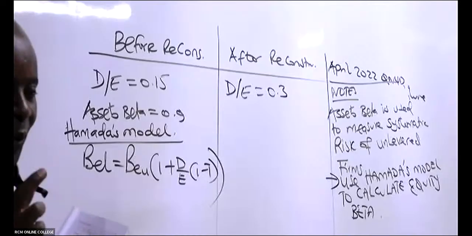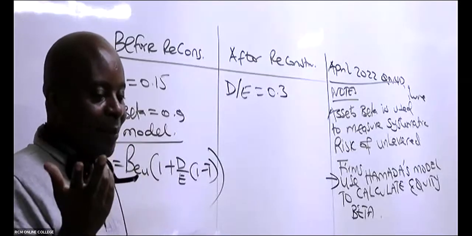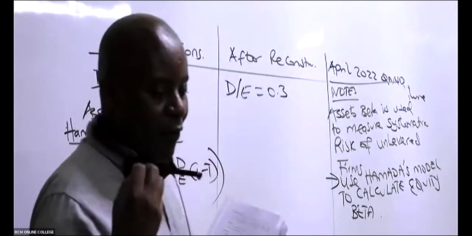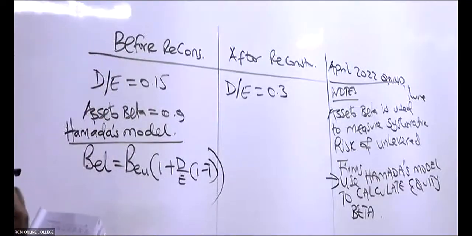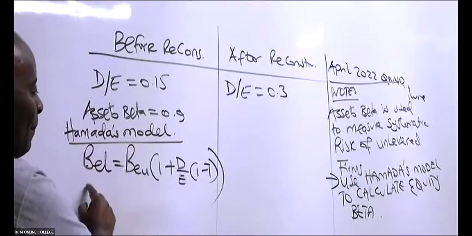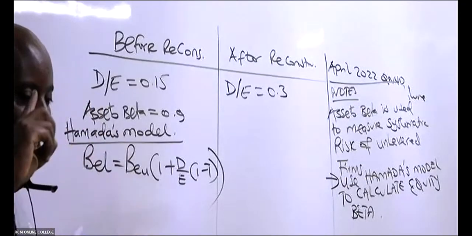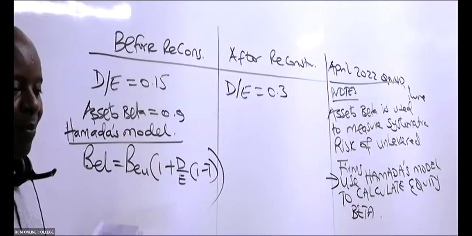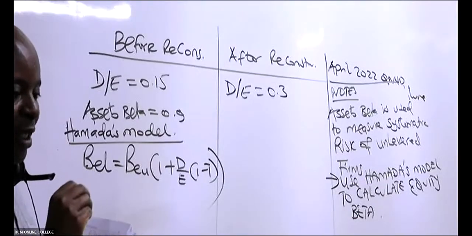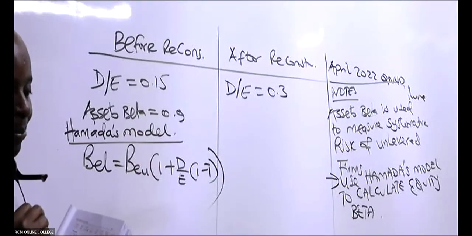A levered firm is a firm with debt, isn't it? A firm with debt. How about BEU? BEU is beta equity of an unlevered firm.